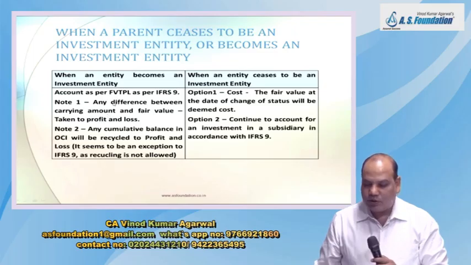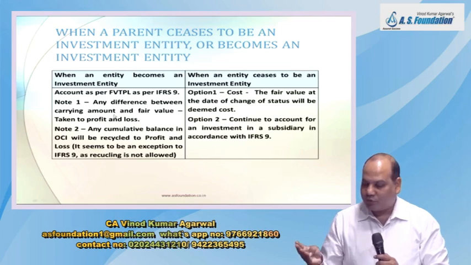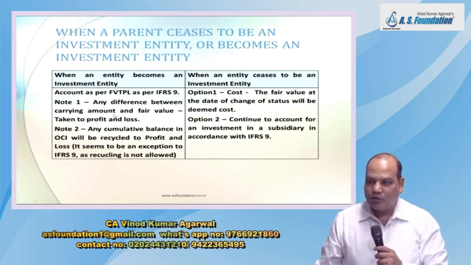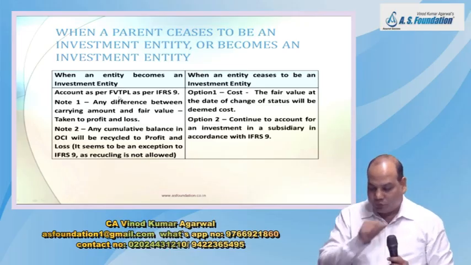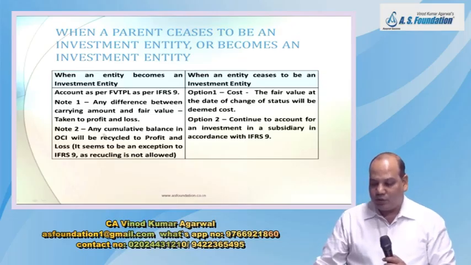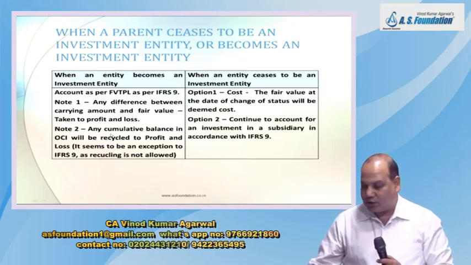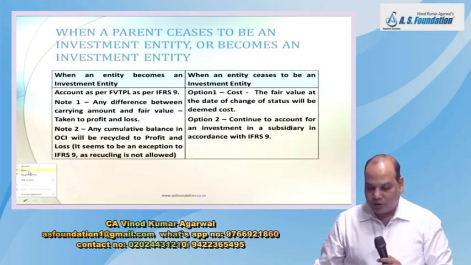Suppose earlier you were measuring it at FVTOCI. Possible? Because other than investment entity, you have 3 choices: cost, FVTPL, FVTOCI. Investment entity has only one choice, FVTPL.